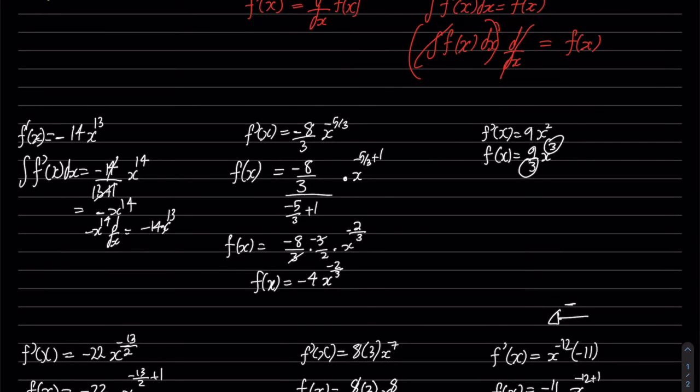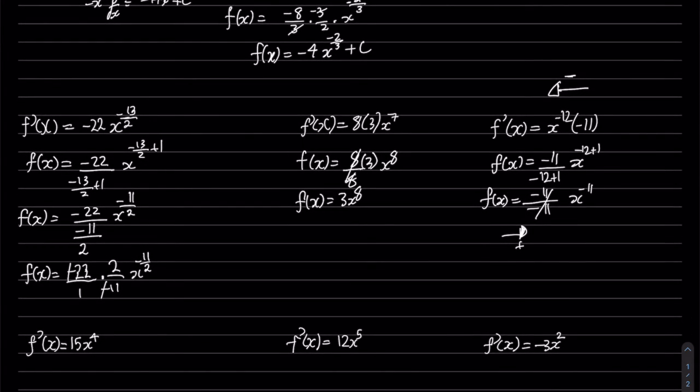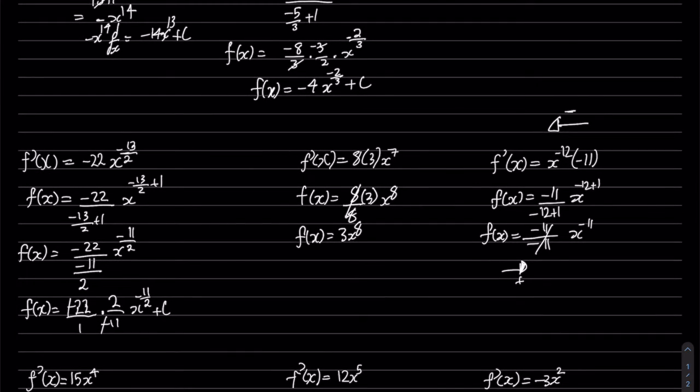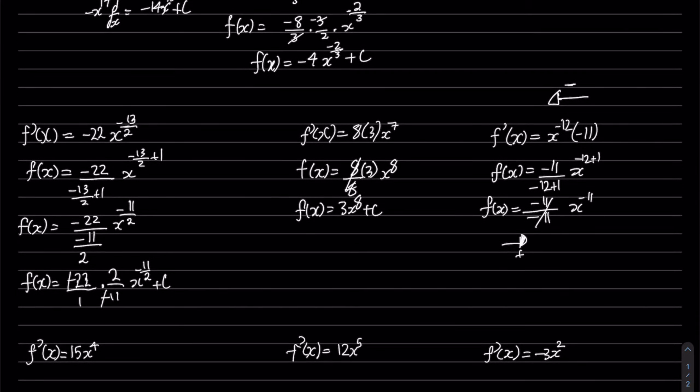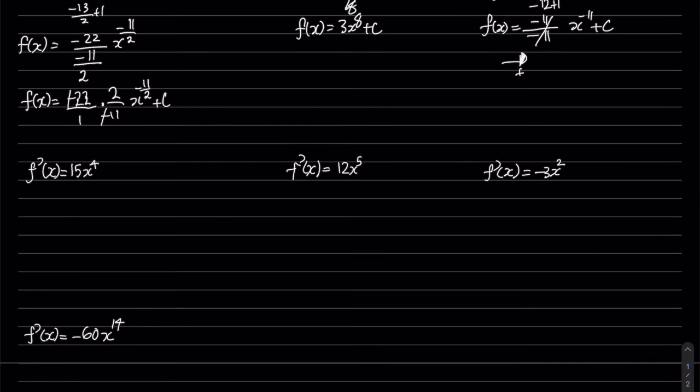And something that you would want to add is the plus c term in all of these. Here, you don't know how to solve for it, so it might save you the time, but in more complex problems, you definitely want to be adding the plus c. This one, f of x is equal to 15 over 5, because this is your n, and you need to do n plus 1, right?